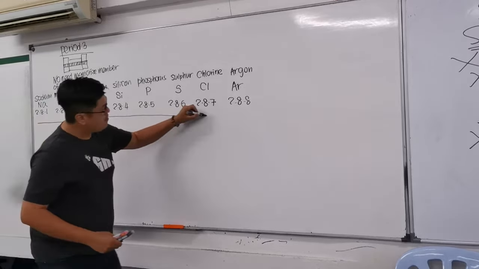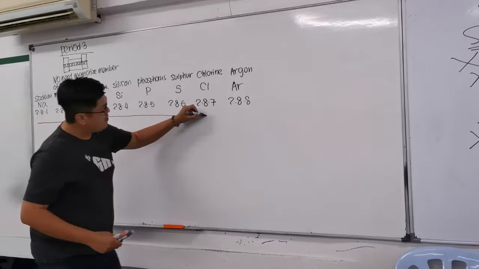If you are observant, this answer is what we used just now for the size. Am I right? So that's why this answer, I call it one stone hit three birds. One answer can be used for three cases. Understand? Today if they ask me, Martin, why moving across the period the size becomes smaller?